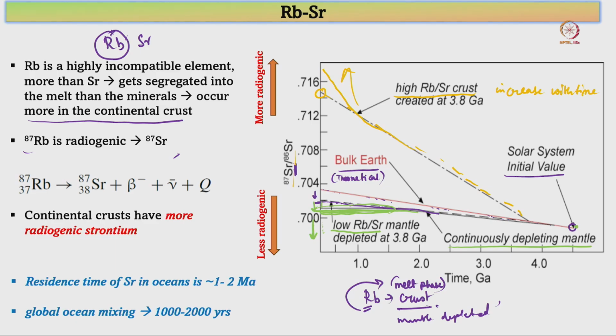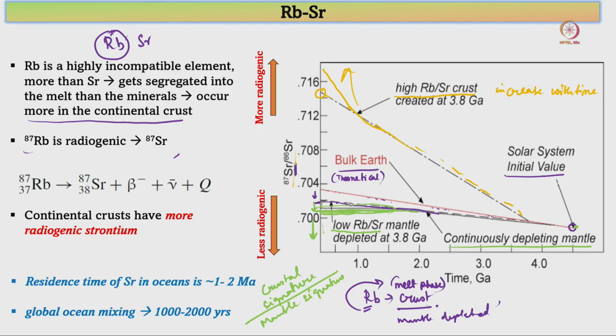Okay. So, this kind of differentiation helps us understand what is of crustal signature, what is of mantle like signature. Okay. Clear differentiation between my crustal signature and my mantle signature.